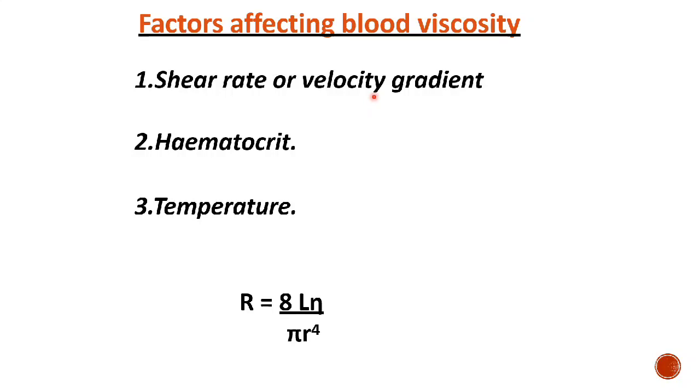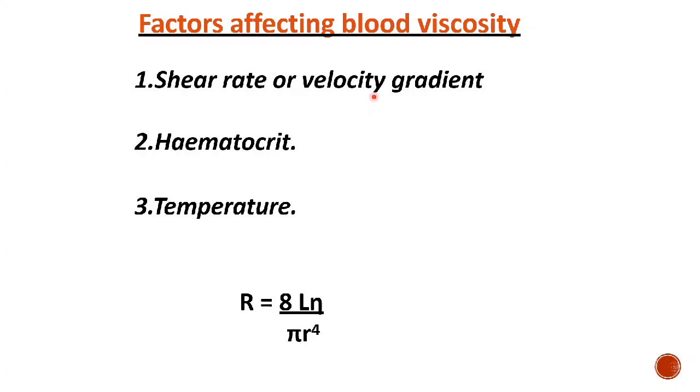This process is called plasma skimming. It causes least friction between the cells and plasma, and viscosity decreases. And at higher flow rates, the fluid behaves like a Newtonian fluid and the viscosity will be constant. The reverse happens when the shear rate or velocity gradient decreases.